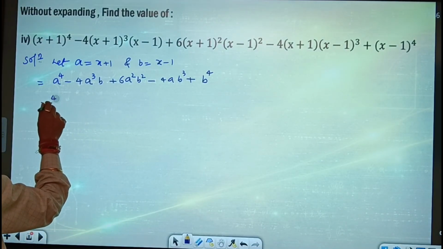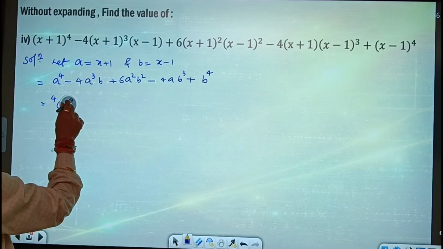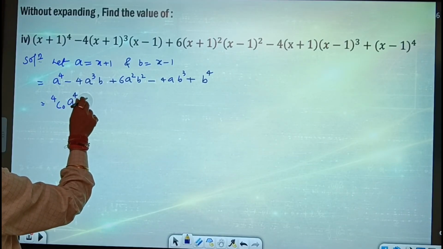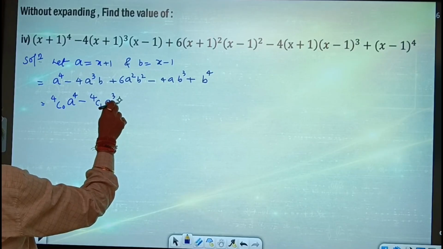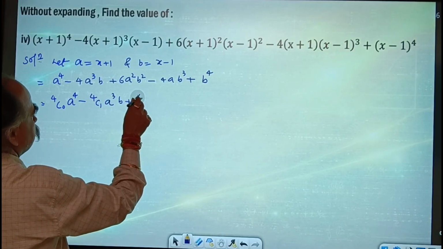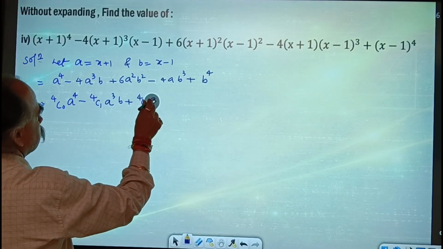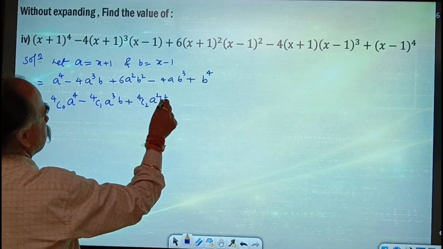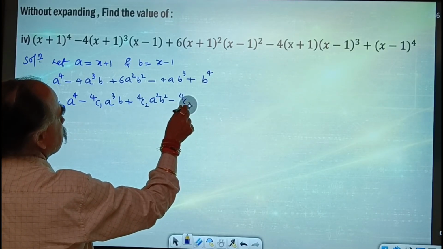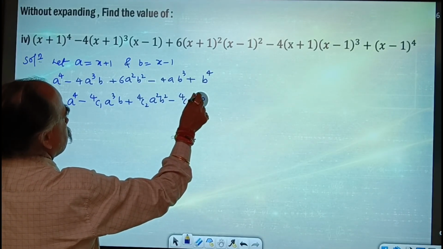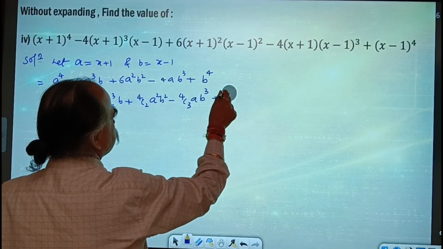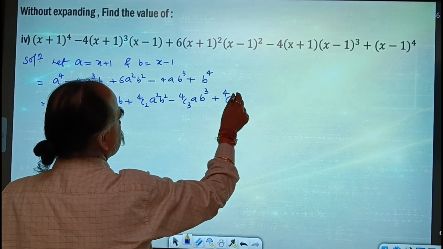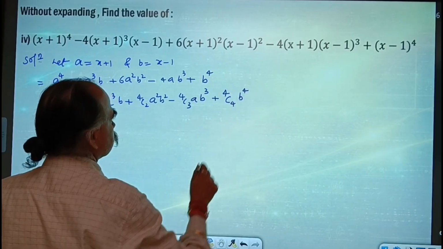Coefficient is 1, that can be written as 4C0. 4 can be written as 4C1. 6 can be written as 4C2, minus 4C3 AB cube plus 4C4 B raised to 4.